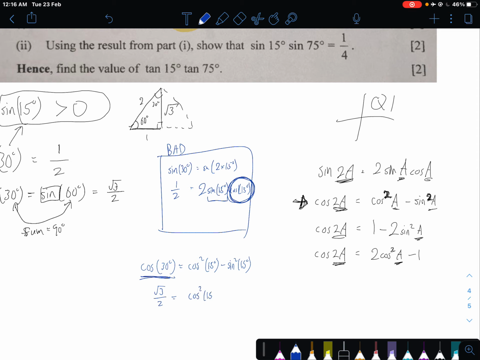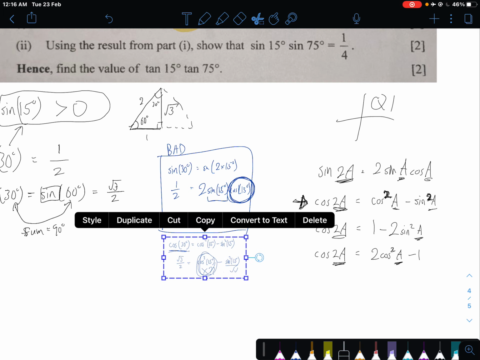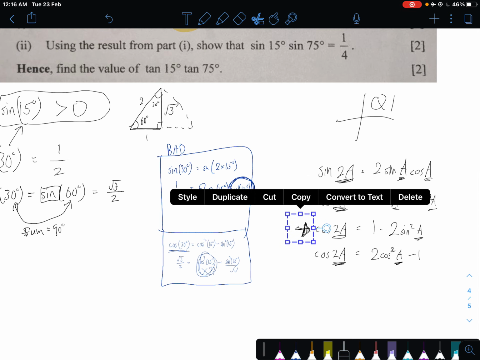Oh no, that's a problem. Minus sine squared 15. Great, that's what I want. I want this, I don't know this. So that's a problem, huh? You cannot use it because again there is a cosine 15 degrees. So that's another bad idea. Bad idea number 2. Of course now that you have realized this one doesn't work, this one doesn't work, then by elimination you're only left with this one.